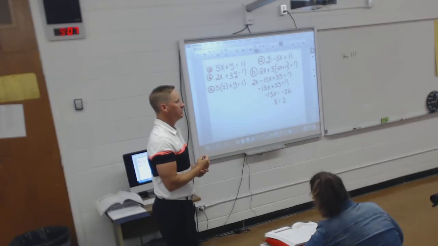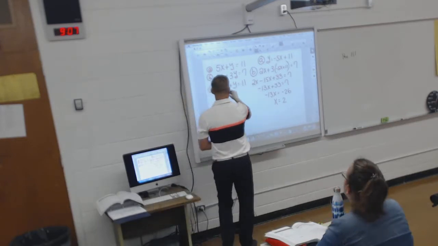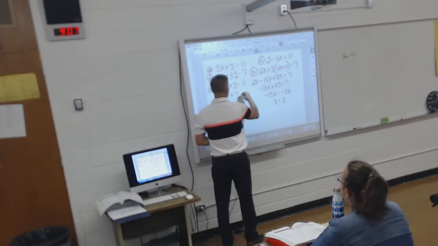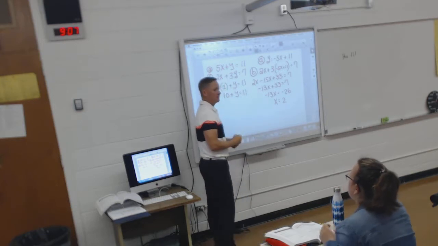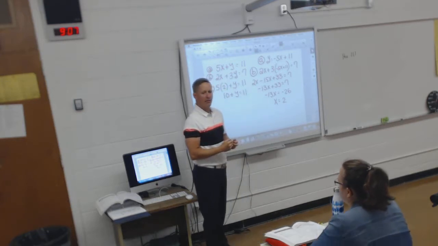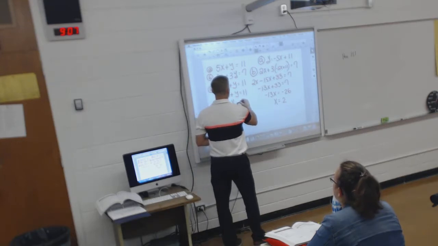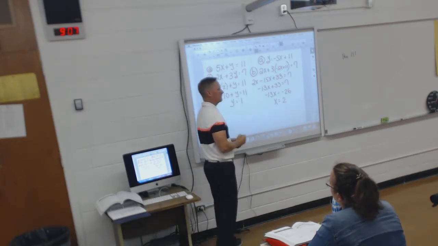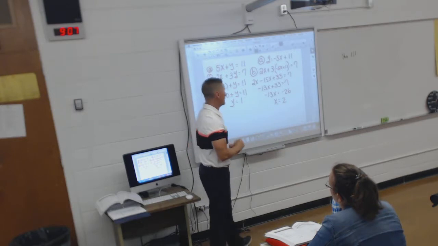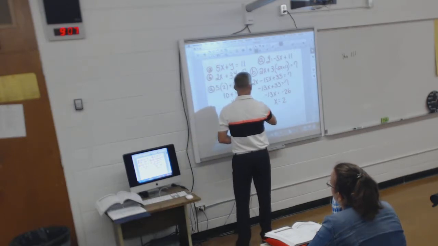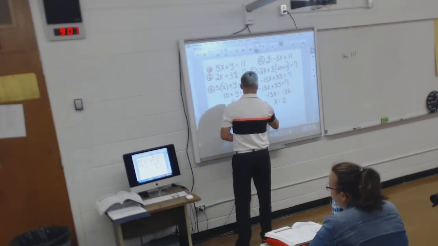What's 5 times 2? 10. 10 add y equals 11. How do I get y by itself? Take away 10. Y is equal to 1. What's my coordinate where they intersect? 2 and 1.